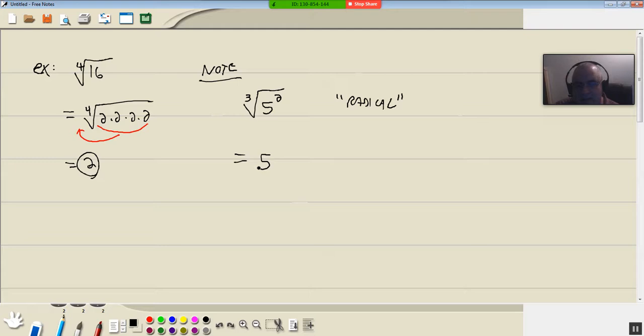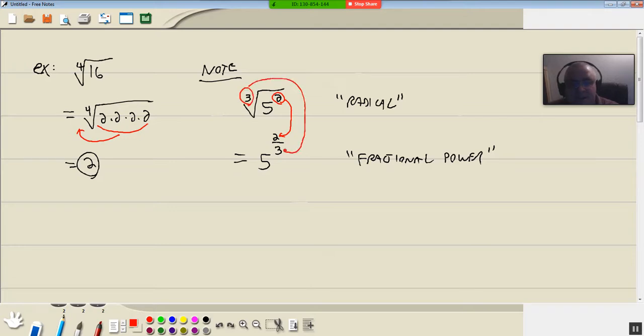I can rewrite this as 5 to the 2/3 power. This is referred to as fractional power form, more commonly known as rational exponents. And how it works is whatever power is right here, that always goes up on top. And whatever number's in the slot, your index, always goes down below.